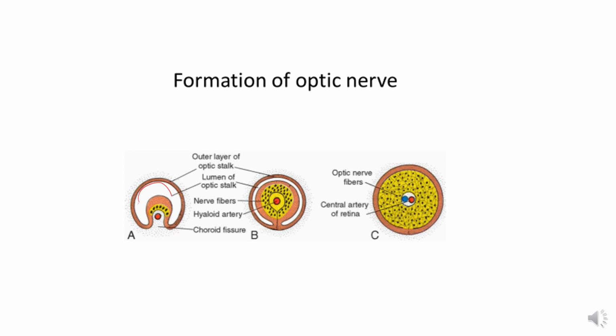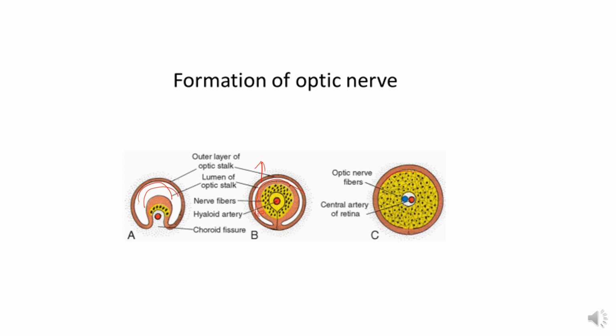Here are the two layers of the optic cup, and they are differentiating. Here you can see the intraretinal space reduces almost to nil, and the neuronal layer fuses with this pigmented layer.